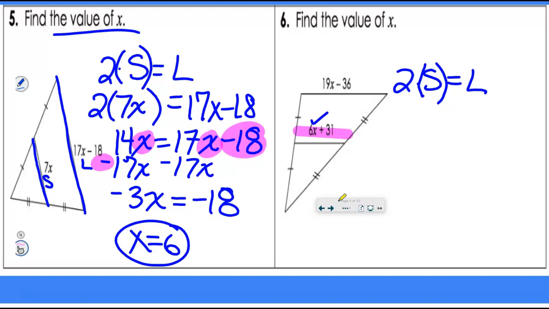2 times the short side equals the long side. Hey, when you have parentheses, what's your first algebra step? What's that called? Distribute. Yep. Step 1, I would double the short, set it equal to the long, because I don't want to work with half of 19.